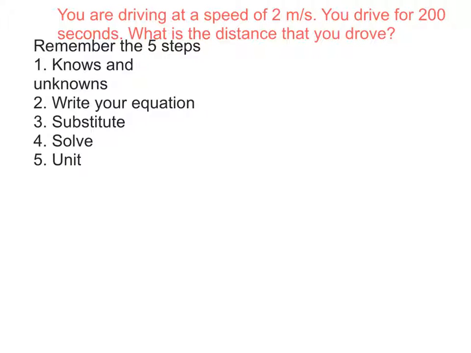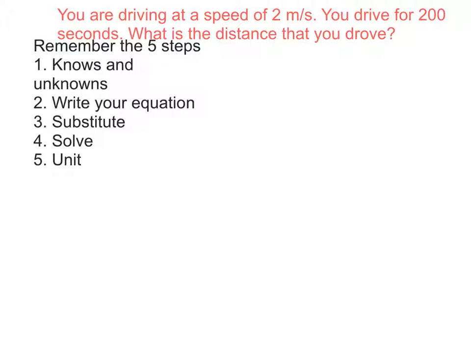The first step, even if you have no idea how to solve the problem, should be to just take your numbers and rewrite them, because it just helps you keep things organized.